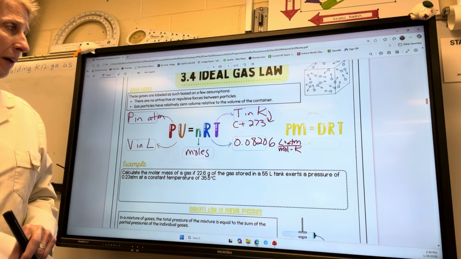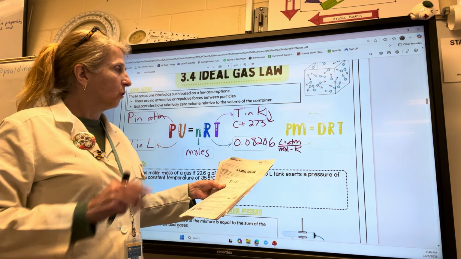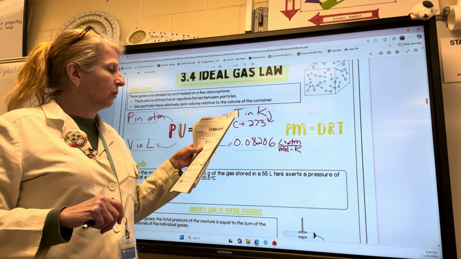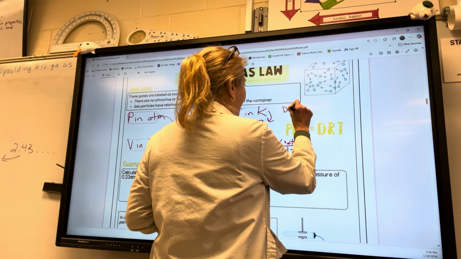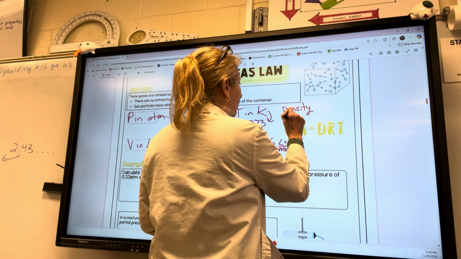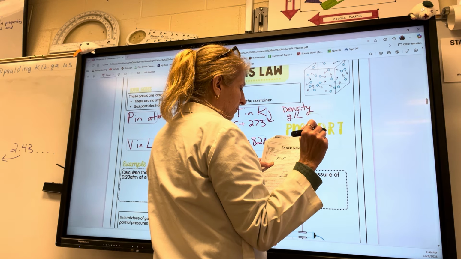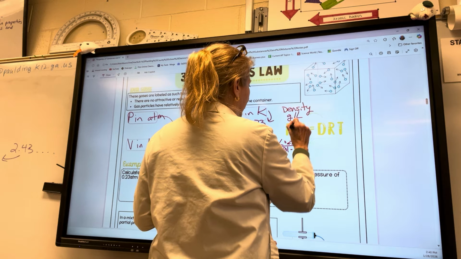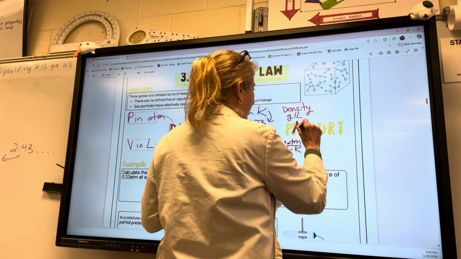Now there's another formula that they love on the AP test, and that is this formula, PM equals DRT. It looks like dirt, but it is using density in the formula, and that is in grams per liter. This should be capital M. I don't like it that these notes make it look like a lowercase m.